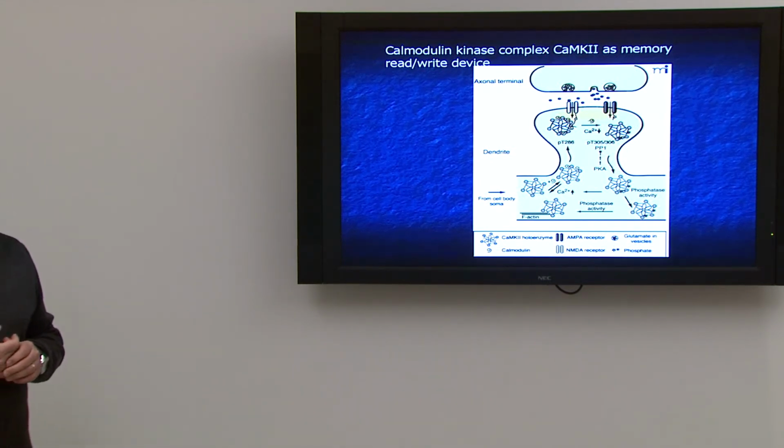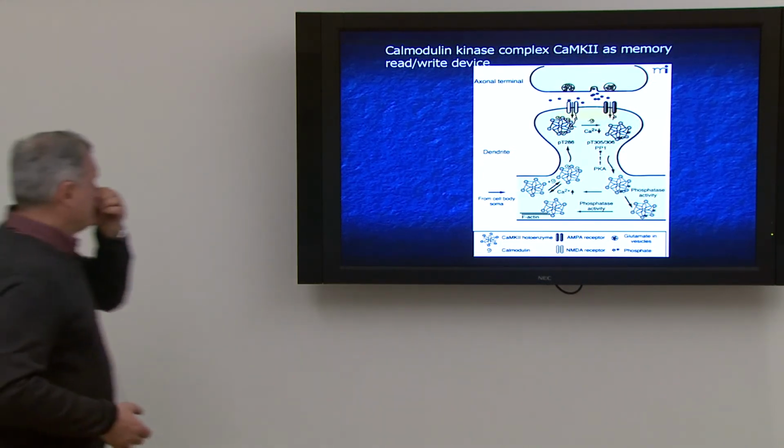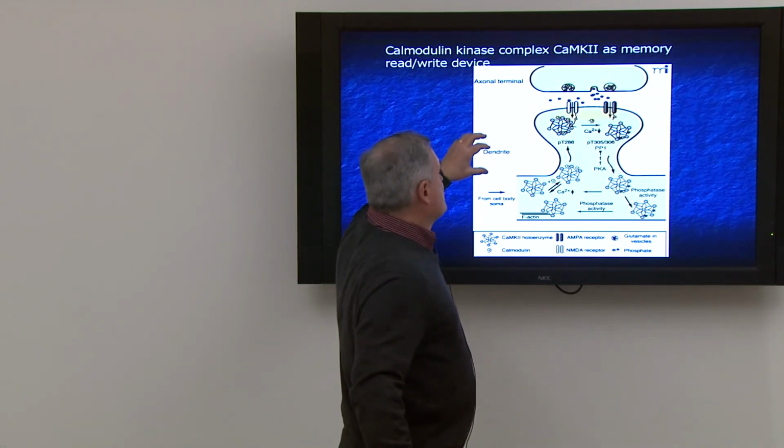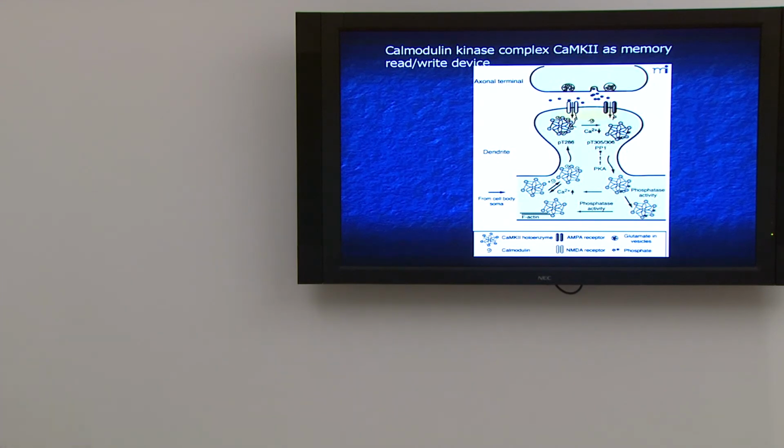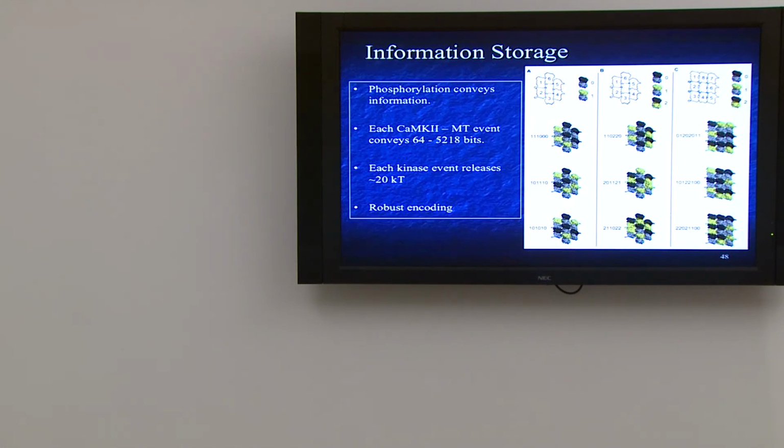It's an enzyme that is activated by calcium in neurons. So calcium influx causes the assembly of calmodulin into a hexagonal hollow enzyme, and it phosphorylates microtubules.